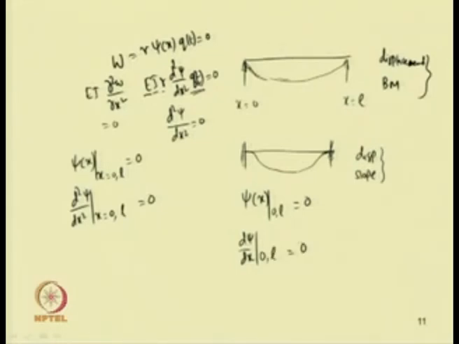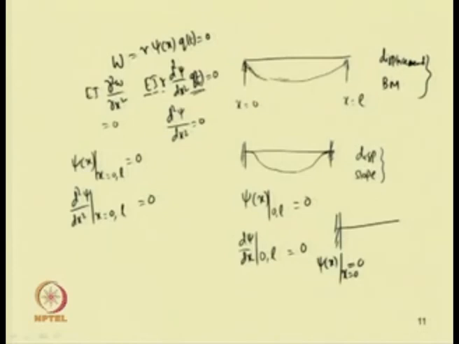In a similar way one can find the boundary conditions for a cantilever beam. The left end is similar to that of the fixed beam. That means psi at x equal to 0 equals 0.